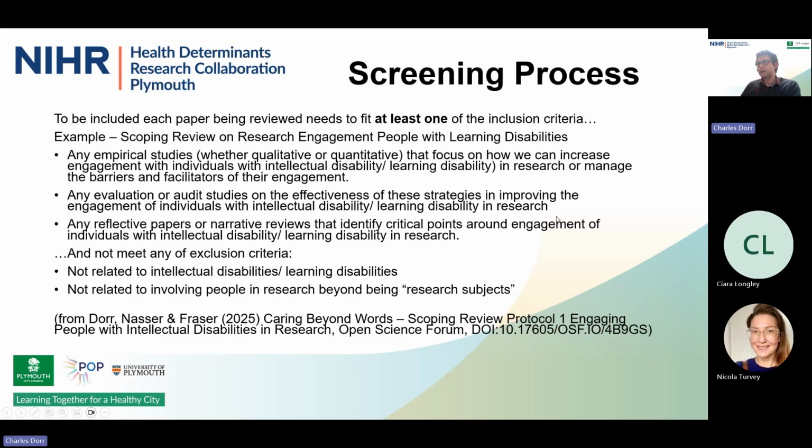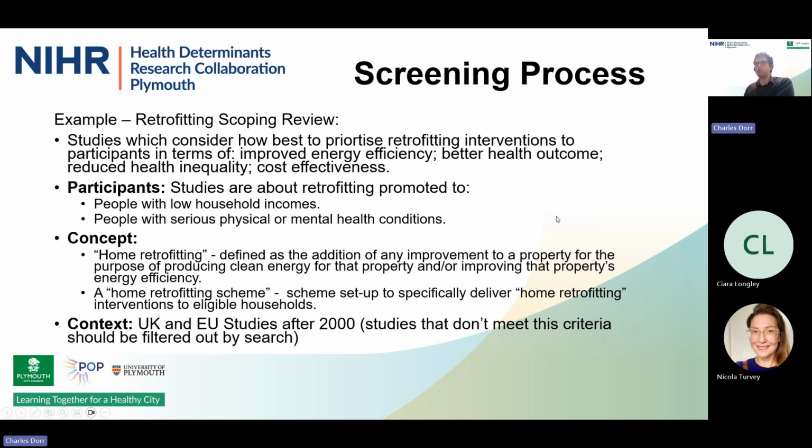Just to go back to inclusion and exclusion criteria, this is the example from the retrofitting scoping review, and there we divided it up on the basis of participants, concept and context. This is a bit like PICO, but it's a bit less specific because it wasn't a systematic review.